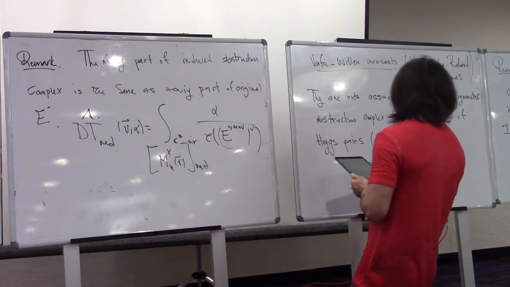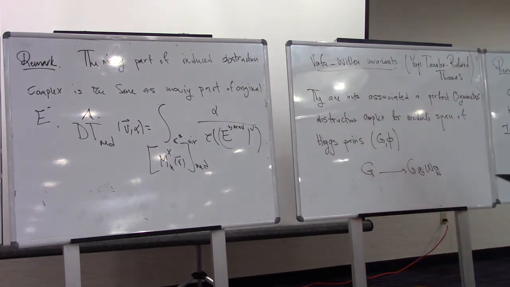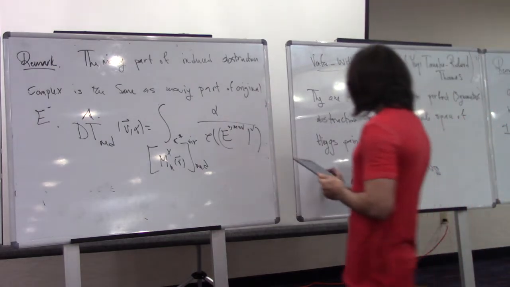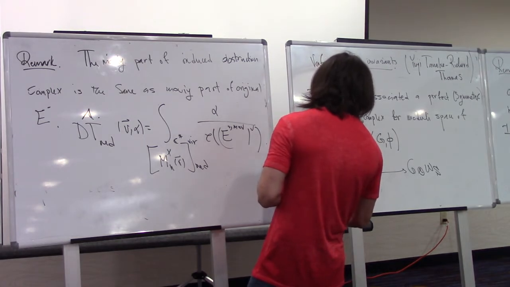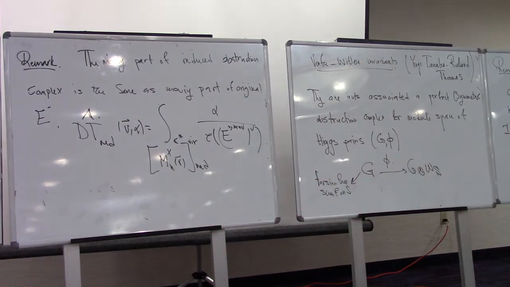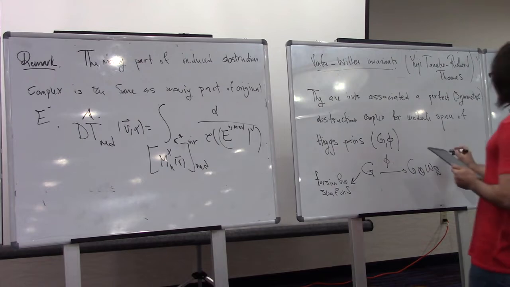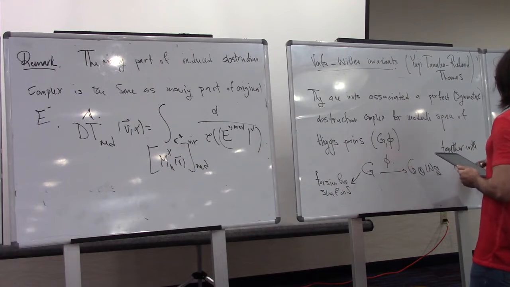That means I have some pair like this, where G is a torsion-free sheaf on S, together with something that the authors call the massless condition, which translates mathematically into the condition that the trace of this map should be equal to 0.